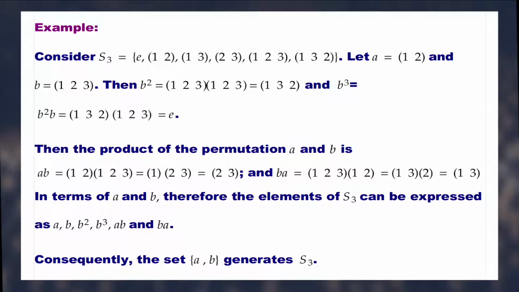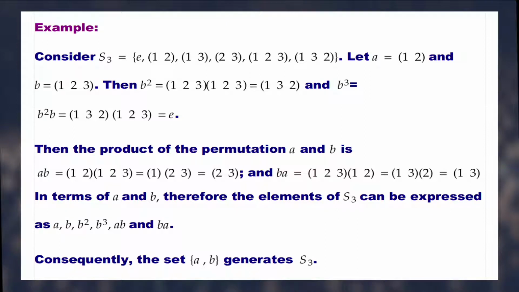In a similar way we can find B cubed, which can be written as B squared times B. We already know that B is equal to (1 2 3) and B squared is equal to (1 3 2).